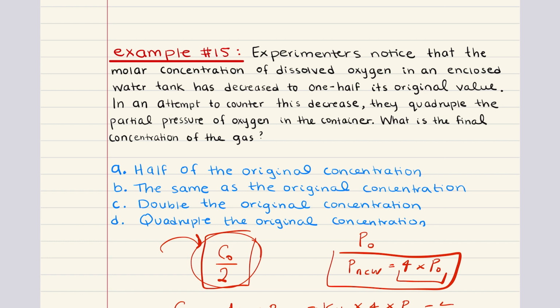So we can go ahead and replace these two terms as C0 over 2. So now we have our new concentration is defined as 4 times C0 divided by 2. And 2 and 4, all right, these are related. We can divide both of these numbers by 2 to get 1 over here and 2 over here. And what we get now for the new concentration is that it is twice the original concentration. That makes the correct answer choice C, double the original concentration.